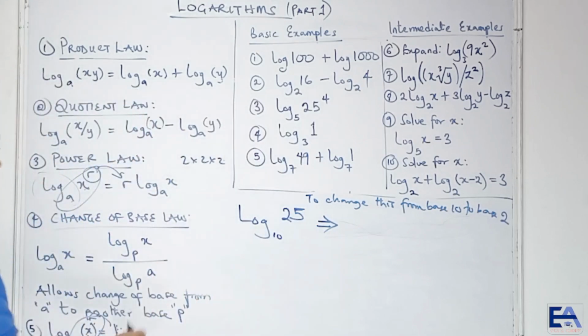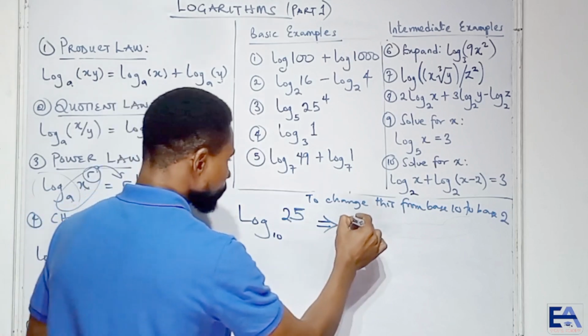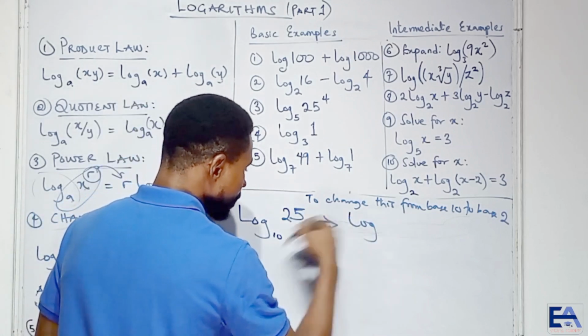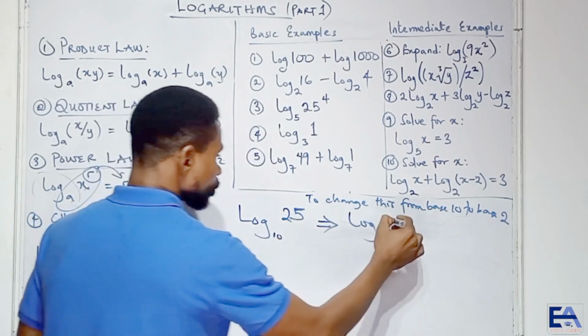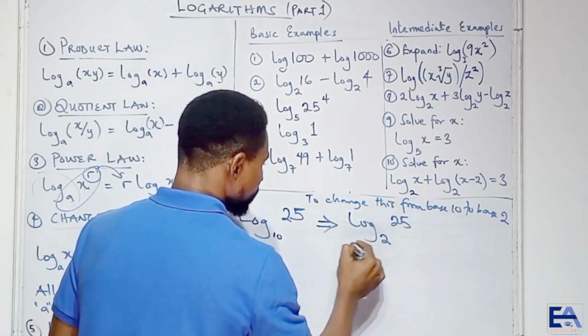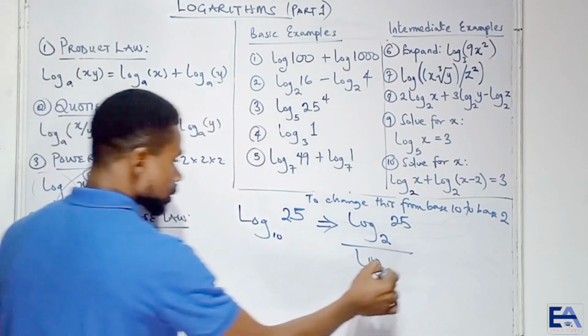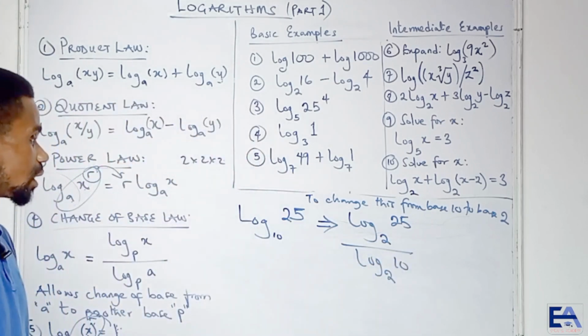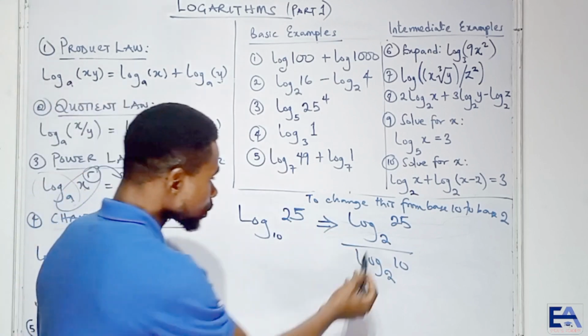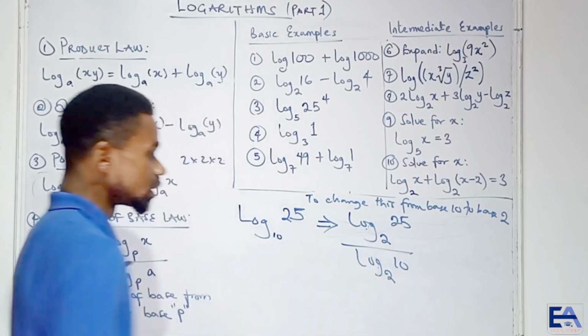The new base is going to feature. We are going to have log, the new base now, which is 2, to 25, divided by log, the new base now, to 10. You get that? The new base you introduce will feature in both the numerator and the denominator.